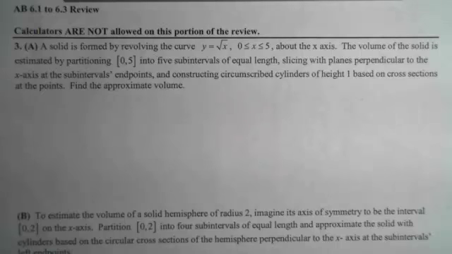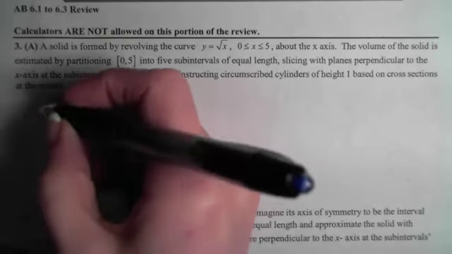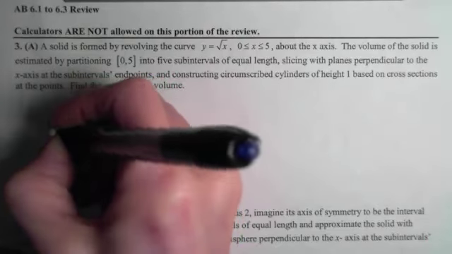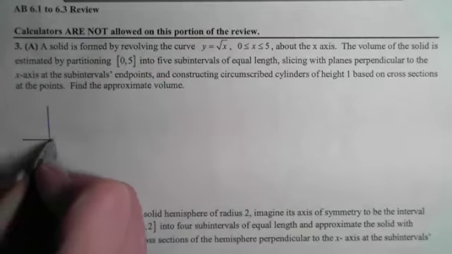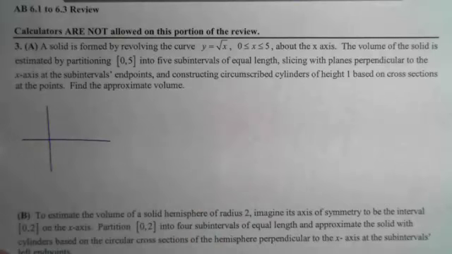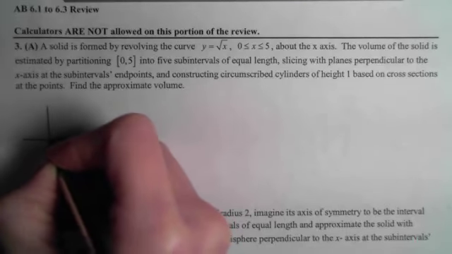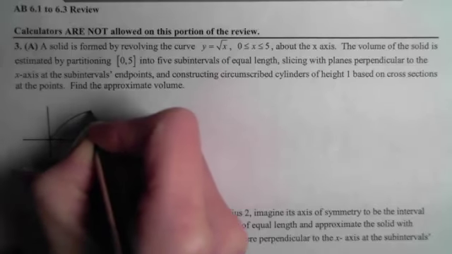The first one says a solid is formed by revolving the curve y equals the square root of x about the x-axis, and we want to estimate that volume using 5 subintervals of equal length, perpendicular to the x-axis, using circumscribed. That means we want to use values that are too large in each subinterval. First we draw our curve, the square root of x, from 0 to 5.